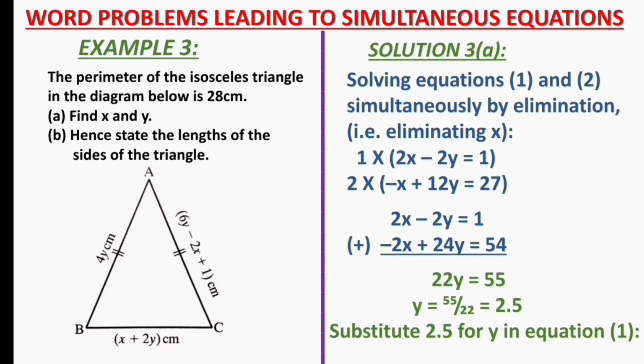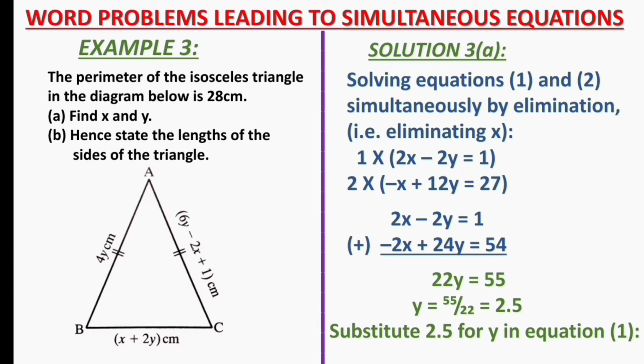And after the equal signs, you are going to have 1 plus 54, which should give you 55. So the equation reduces to 22y is equal to 55. To solve for y, divide both sides by 22. That will give you y is equal to 2.5.